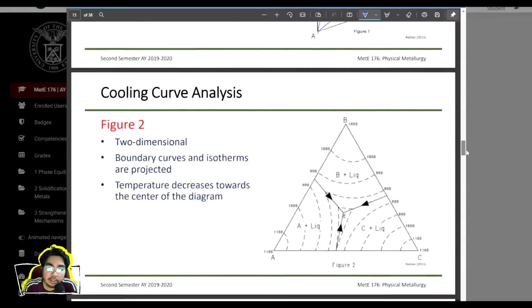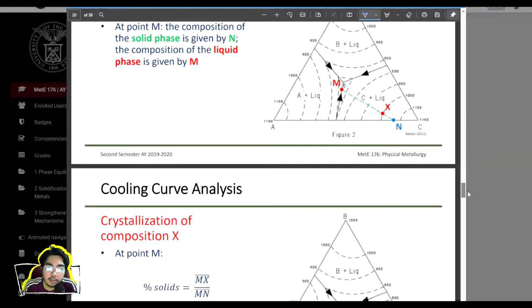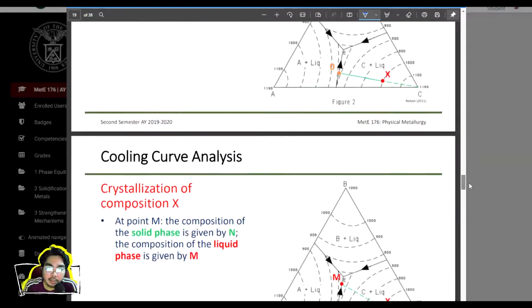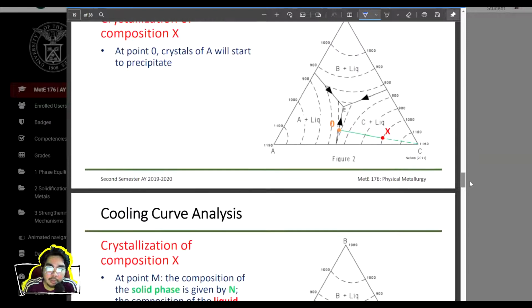Since A is now forming, we actually create a pivot point. So this point right here, and if this is 800, then this line is the 700 line.